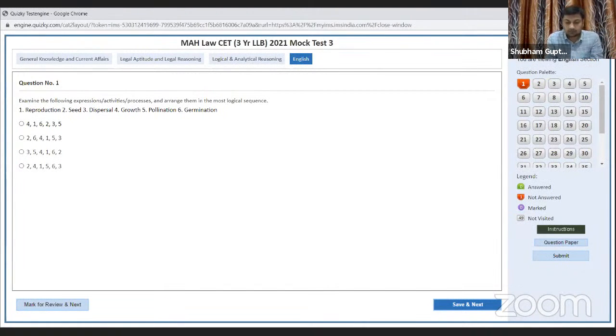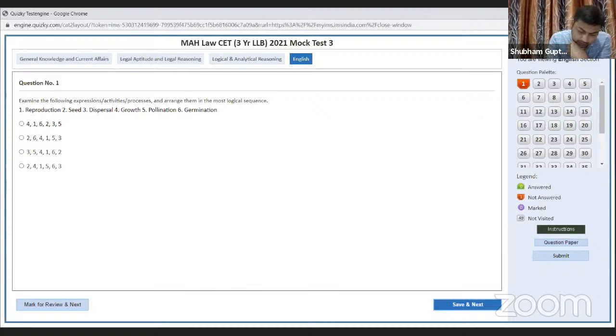Okay. Now comes the toughest section for me. Let's try and do. Examine the following: reproduction, seed dispersal, growth, pollination, germination. What would be the correct sequence of this? What should be the first thing? The first thing should be either 1 or 2, but 1 is not there, so 2 should be the first thing.